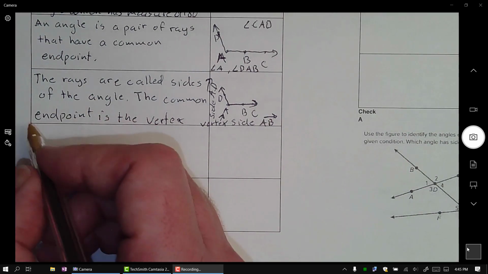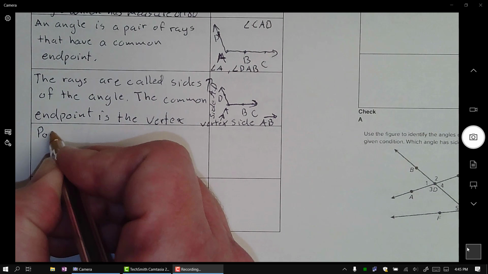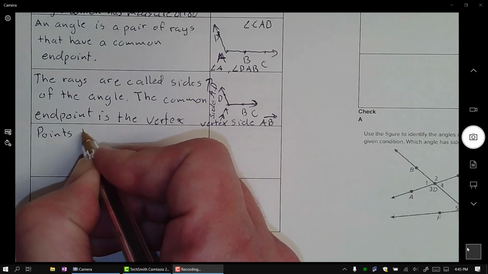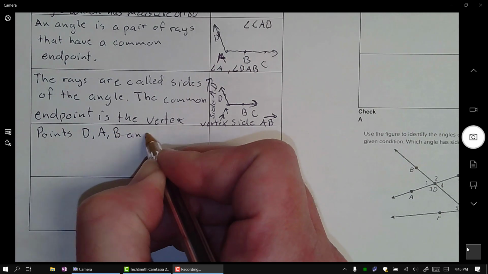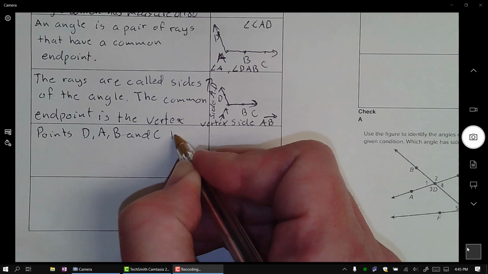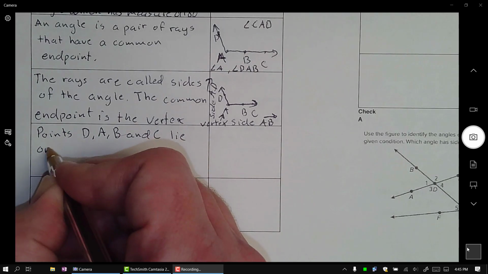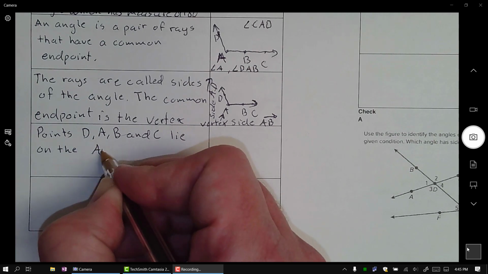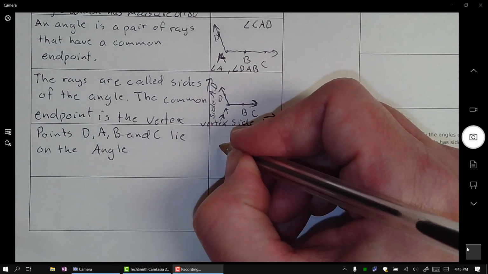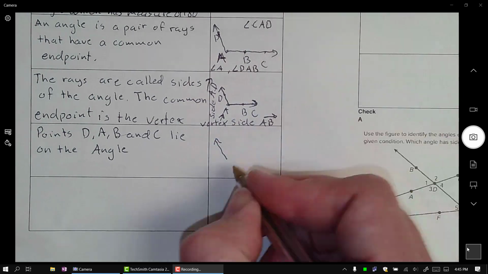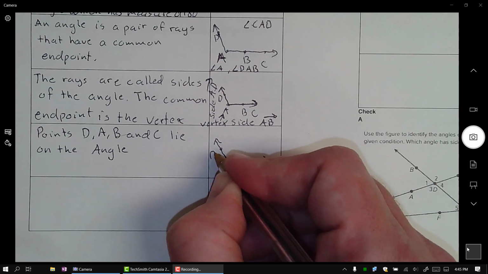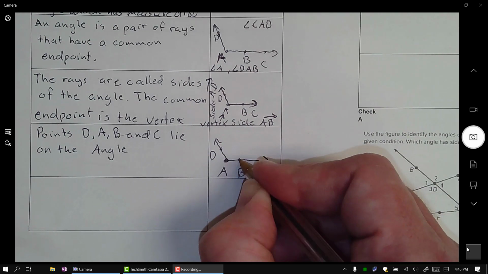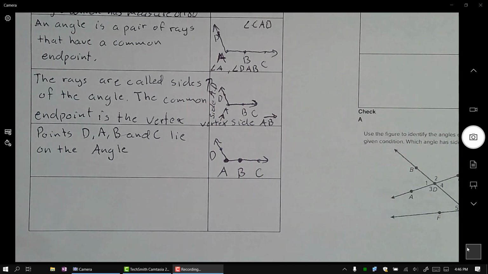Still piggybacking on this, points D, A, B, and C lie on the angle. Now I'm going to come up with some more points.